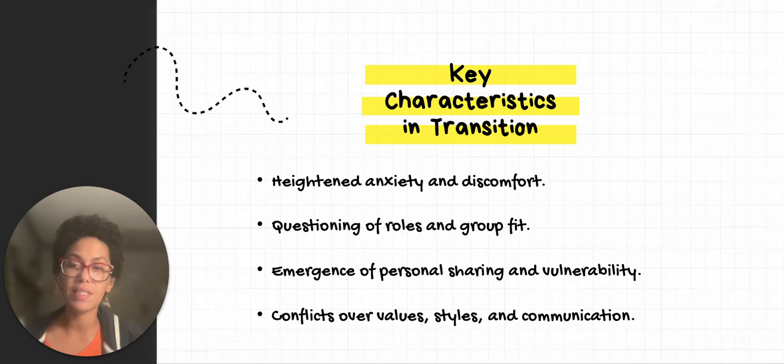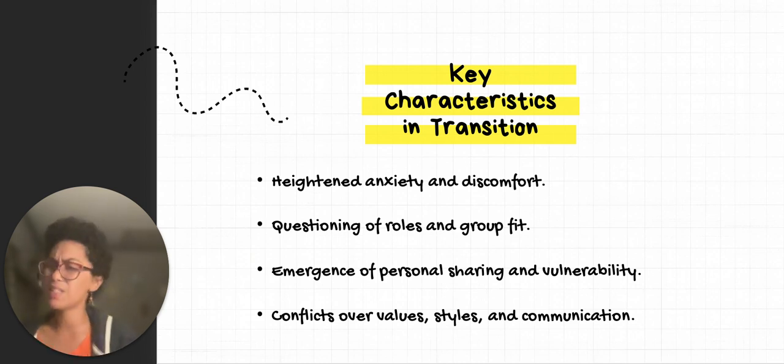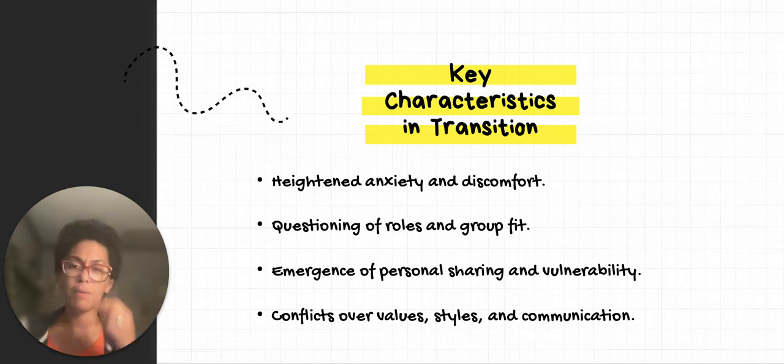Another characteristic of the transition stage is that of group conflict. As members begin to take more risk in sharing personal information and personal thoughts and feelings, the differences in values and opinions and communication styles begin to surface. And this conflict, while challenging, is a completely natural part of the process. So if it pops up, don't sweat it.